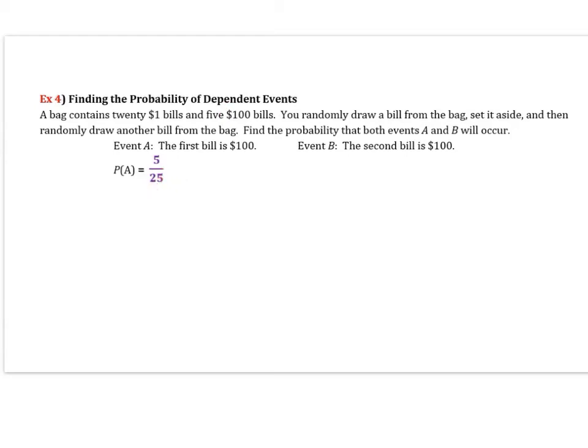The probability that the second bill is $100 is 4 out of 24. Notice we subtracted 1 off the 5 to be 4 and 1 off the 25 to be 24. That's because we're dealing with dependent events. We set the bill aside once we draw it out, which means we're not putting the bill that we drew on the first event back into the bag. So there's one less bill that we could potentially draw out of the bag, so you subtract 1 off both numerator and denominator.